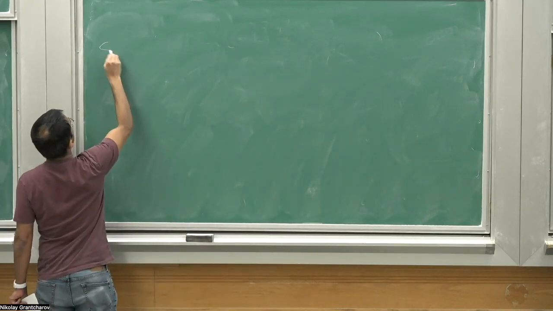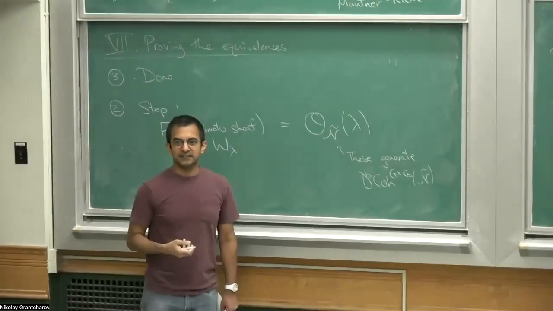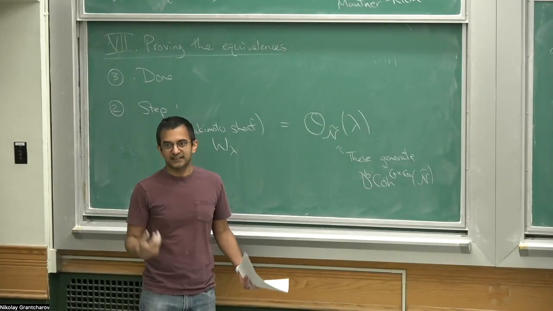Step 2: if you have a functor of triangulated categories whose image generates it, then all you have to do is prove that it's fully faithful. Then it's an equivalence.